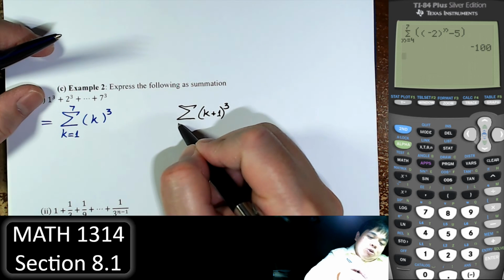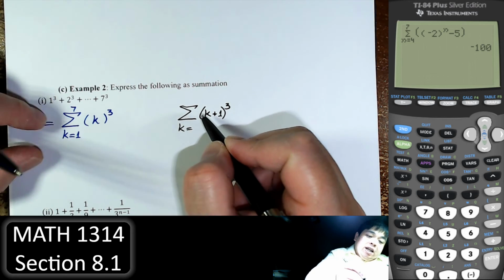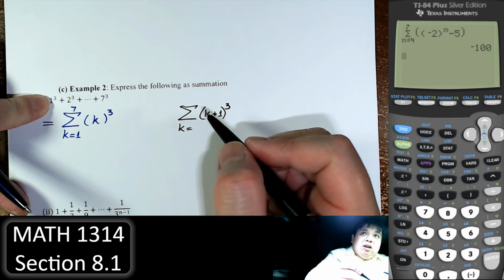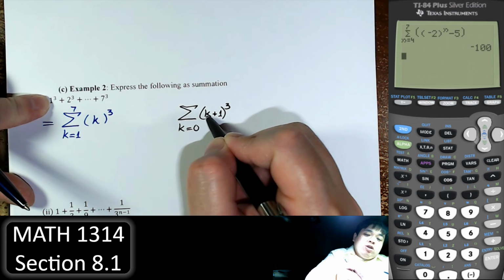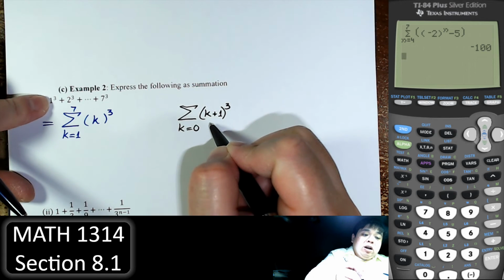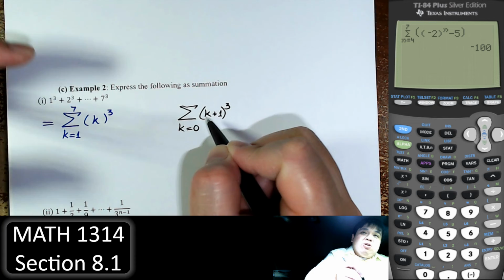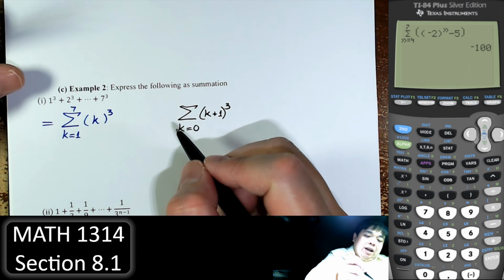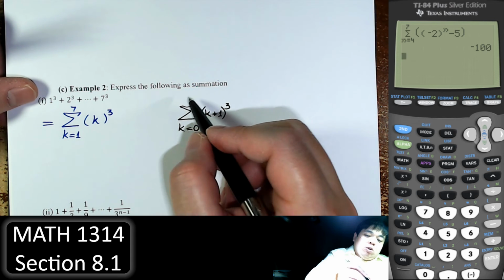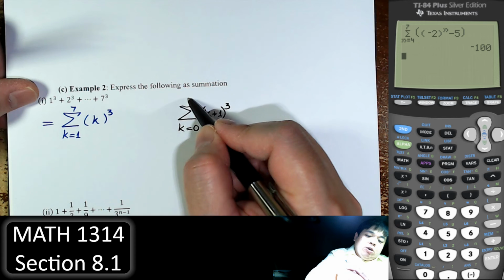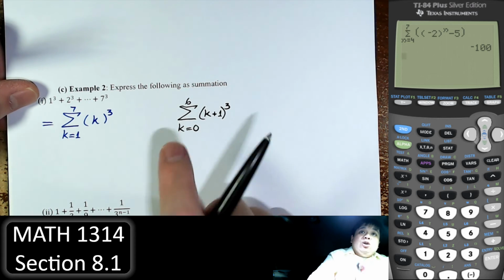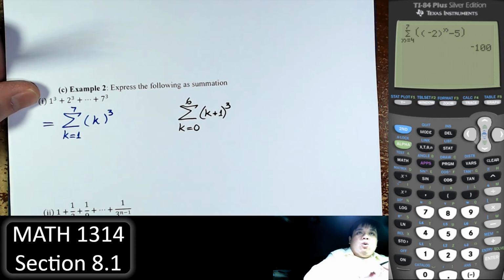So we have to start with something that gives the 1. In that case, k will start from 0, because when we put 0 in the first term, it's going to be 0 plus 1, so it's 1 cube. And the last one is 7, so this is equal to 7 when k equals 6. So potentially we can just use that or that, either way.